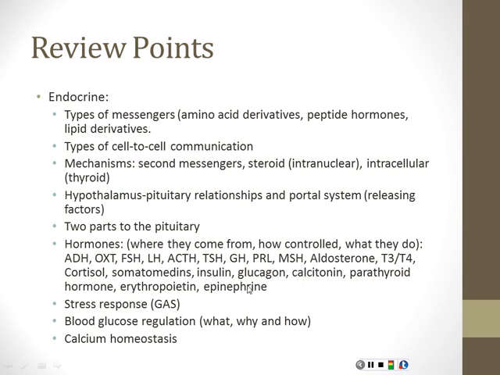And then, of course, epinephrine is an amino acid derivative, and it comes from the adrenal gland, from the adrenal medulla. Probably one of the most important hormones in the body because epinephrine is the principal sympathetic nervous system hormone.